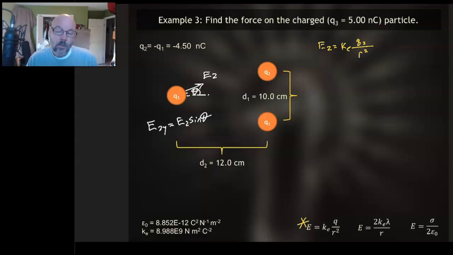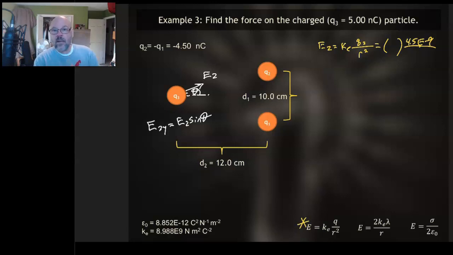Now, when we plug in our numbers here, I'd put in my 8 point whatever number, and I'm going to have to figure out what the radius is. But when I get ready to put in Q2, I'm just going to put in 4.5 e to the minus 9. I'm not going to worry about putting it in as a negative number, because negative and positive really refer to direction.